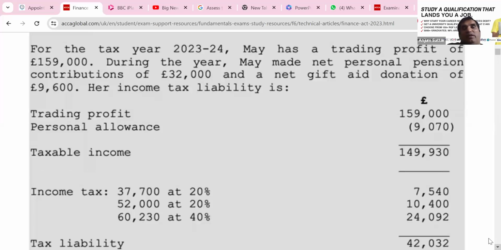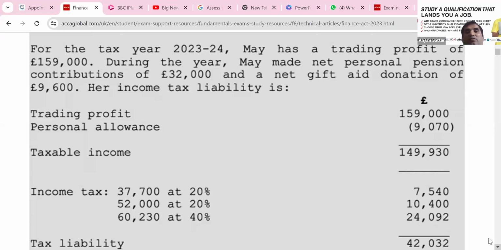Okay, so in this case, trading profit is 159 during the year. May made a net personal pension contribution of 32,000, a net gift aid donation, and we need her income tax liability. So we can look around the trading profit and the personal allowance.